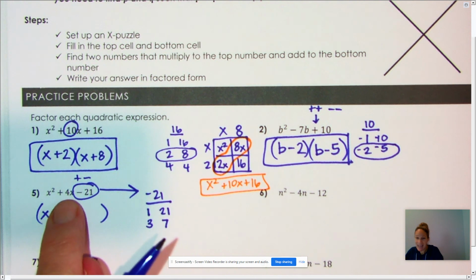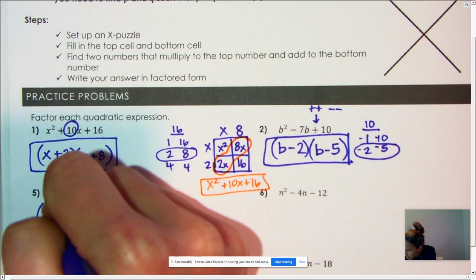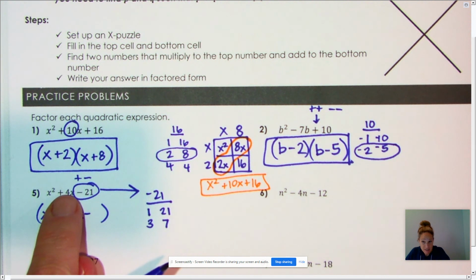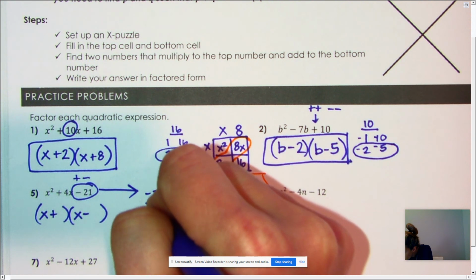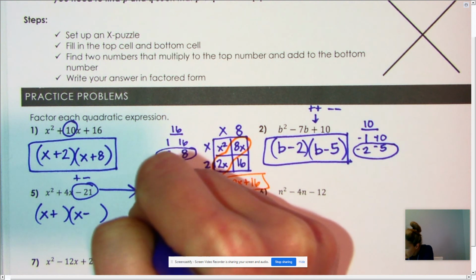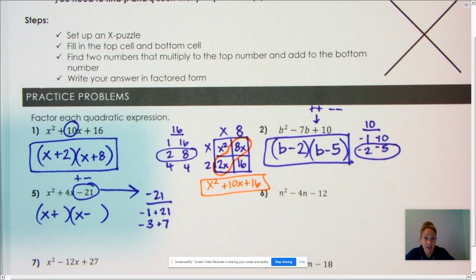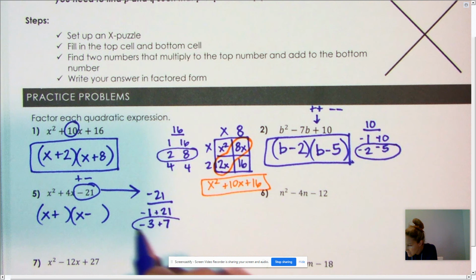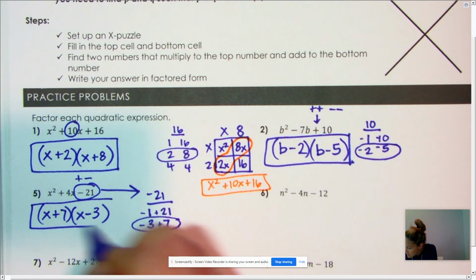Well, look here, when I add them up, so I'm going to go ahead and put a plus and a minus. Anytime I add them up and I get a positive, that means all the bigger numbers have to be positive. So all the smaller numbers would be negative. So now we need to say which one of those, when I add them up, I get positive 4. Well, hopefully you guys can see pretty easy. It's the negative 3 and the positive 7. And so that's our answer.